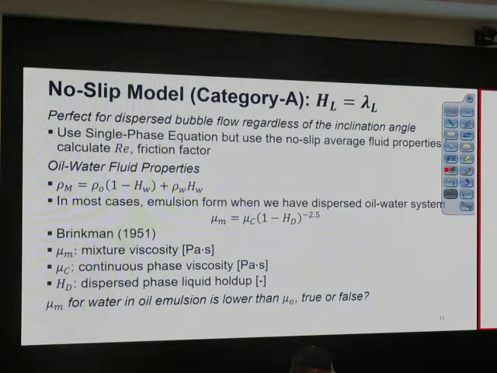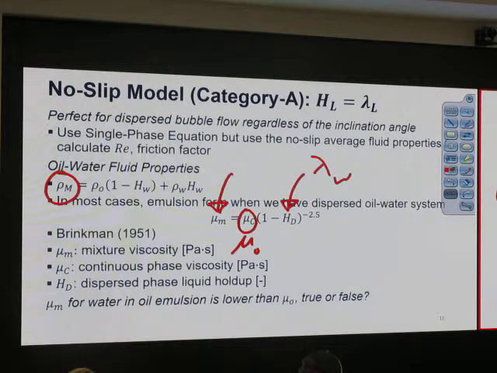Then we can calculate, okay, the continuous phase will be oil, so that will be mu O, right? Holdup of the dispersed phase will be lambda water, L sub W. Then we can calculate mixture viscosity. Good. We can also do a weighted average to get mixture density.